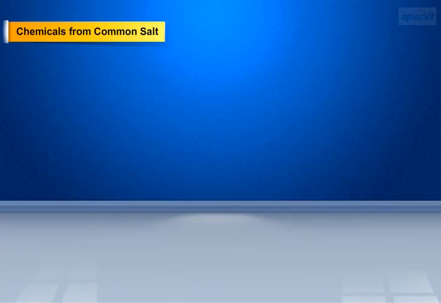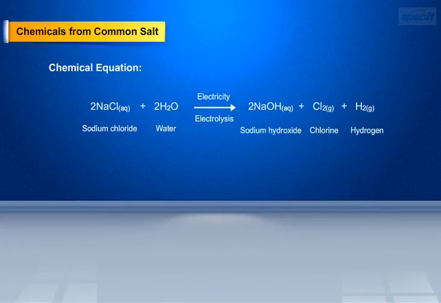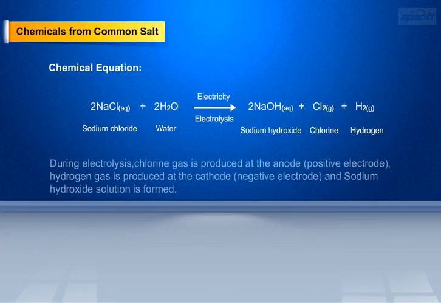The chemical equation is 2NaCl plus 2H2O. On electrolysis, it gives 2NaOH plus Cl2 plus H2. During electrolysis, chlorine gas is produced at the anode, that is, the positive electrode; hydrogen gas is produced at the cathode, that is, the negative electrode, and sodium hydroxide solution is formed.